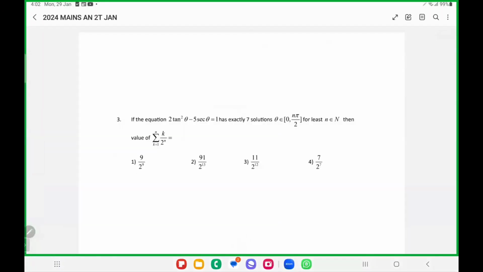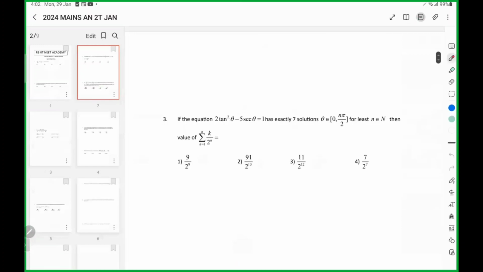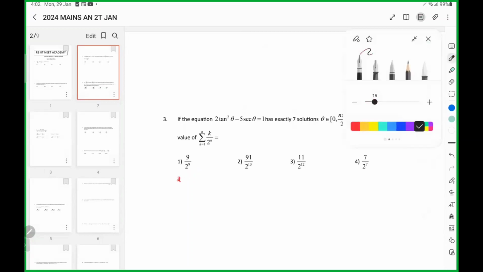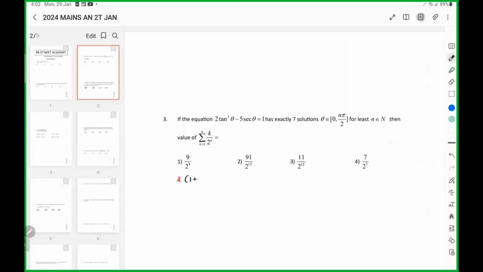So this equation involves two different functions, one is tan theta and the other is secant theta. To get the solution, you should convert it in terms of only one function. 1 plus secant square theta minus 2 secant square theta minus 5 secant theta, 2 minus 1 minus 6, so minus 6 sec theta.